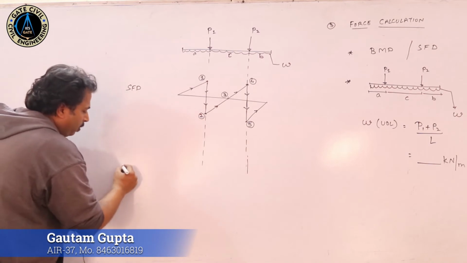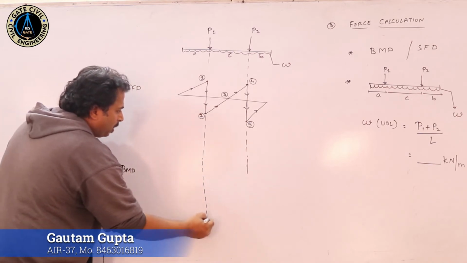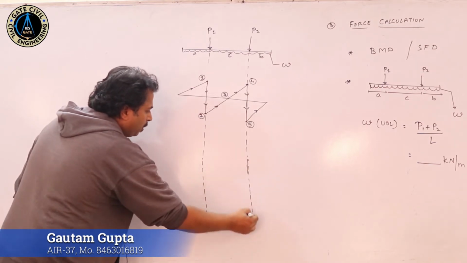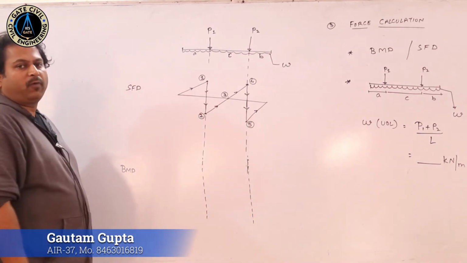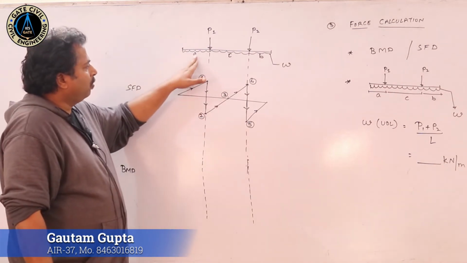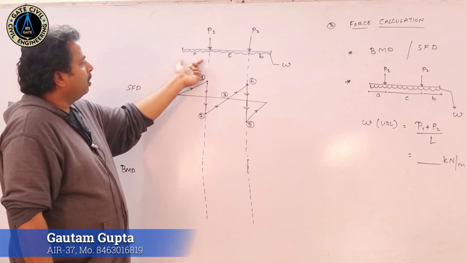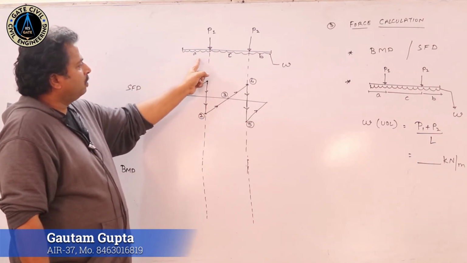Similarly, if we want to draw the bending moment diagram, it is drawn based on the deflected profile due to the loading. As we can see, this load coming on the portion A will try to sag the foundation.